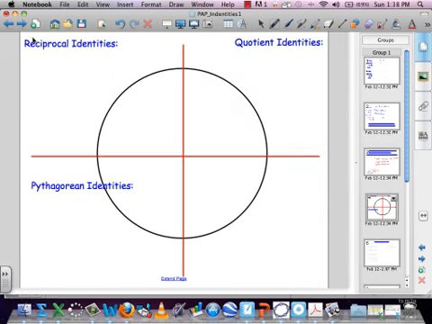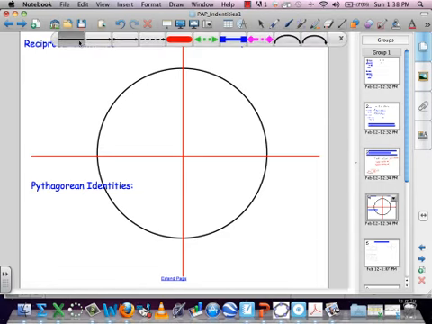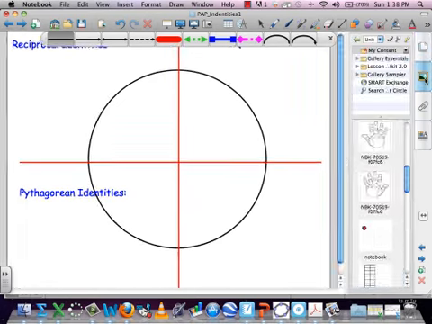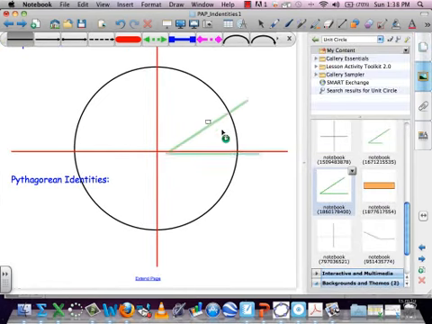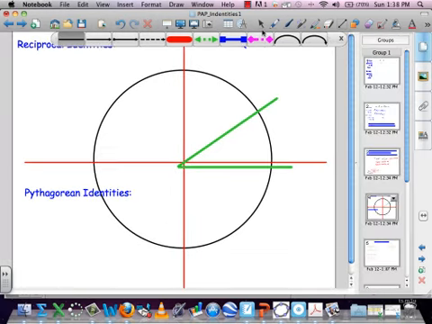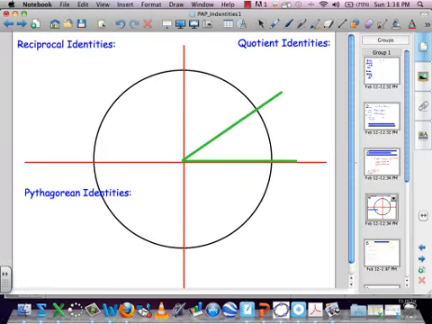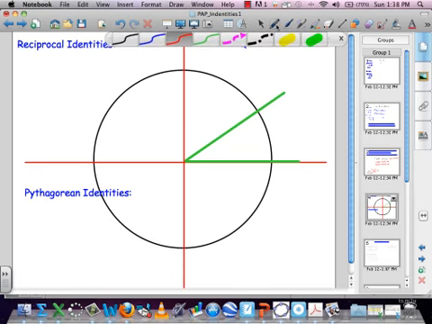Now, a lot of our identities are going to come from the unit circle, at least to make them obvious, I think. So let me go ahead and draw in an angle here. It'll be an acute angle, but it doesn't have to be. A lot of these things are going to make real perfect sense when we look at how we've started to define trigonometry.